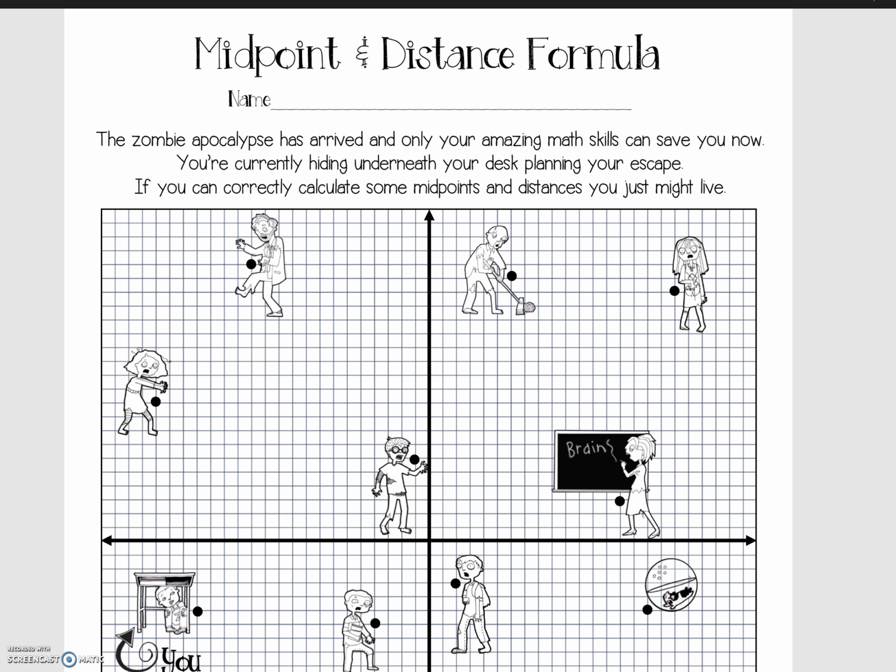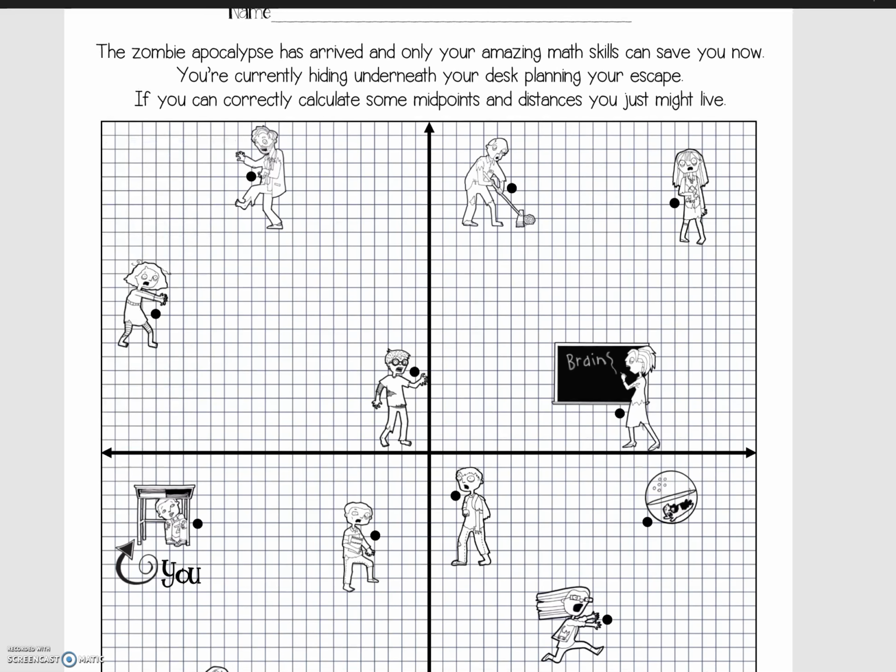So you're going to be finding the distance and midpoint. I suggest the first thing you do is go ahead and write the ordered pairs for each of these. For an example, they're saying that this one is U over here, where it says U. So let's find the ordered pair for this point right here.